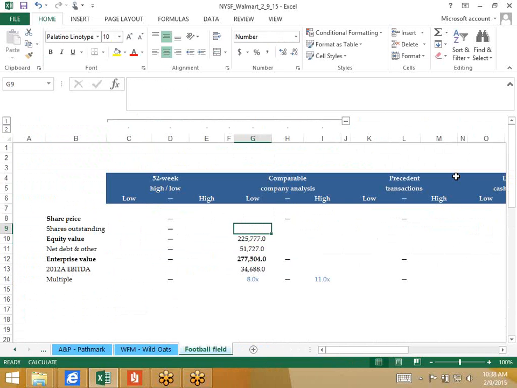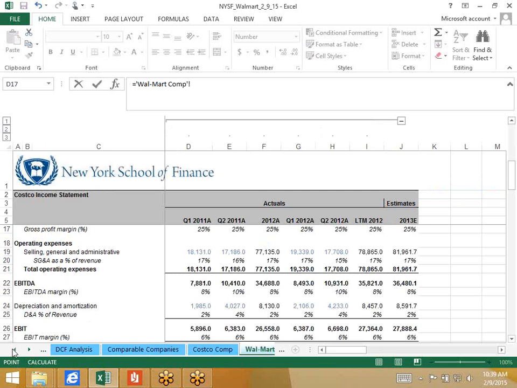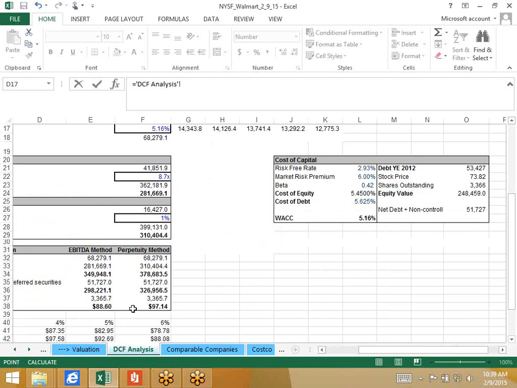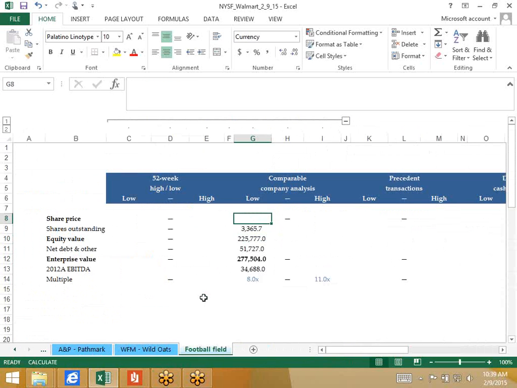And then we divide equity value by shares outstanding to get the implied share price based on the low end of the comp range. So I'm going to get the shares outstanding. We also had it in the DCF, 3365.7. And we divide the equity value by the shares outstanding.